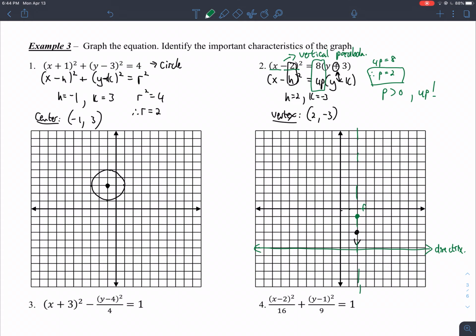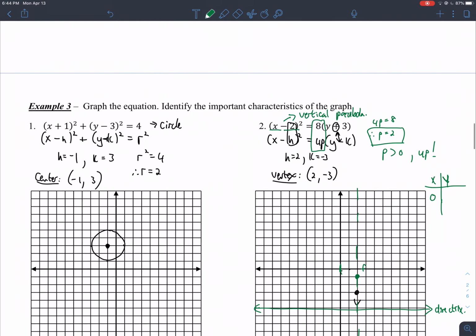So if you plug points in there, let's say, what should I let x be? If you let x be 0, okay, let x be 0, and you plug 0 in there. If I plug 0 in here, what do I get?